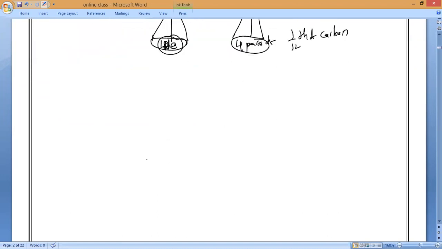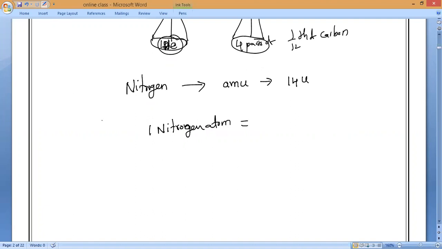In the same way, suppose we take nitrogen. The nitrogen atomic mass is 14 u. So the mass of one nitrogen atom equals how many 1/12 carbon parts? 14 parts.